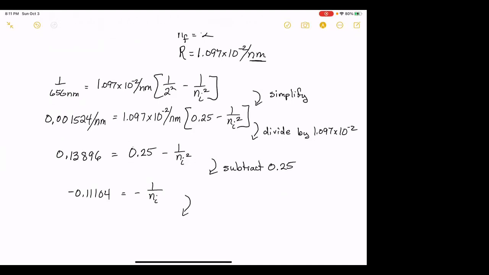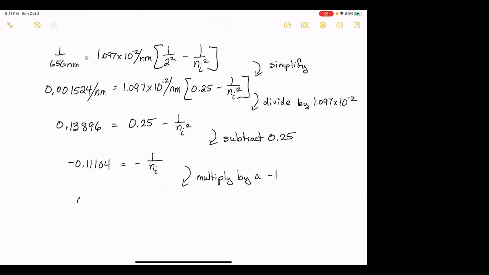I then multiply by a negative 1. So it becomes 0.11104 is equal to 1 over n sub i squared.